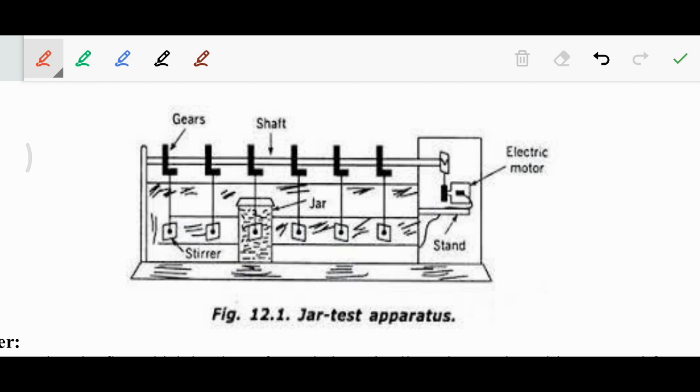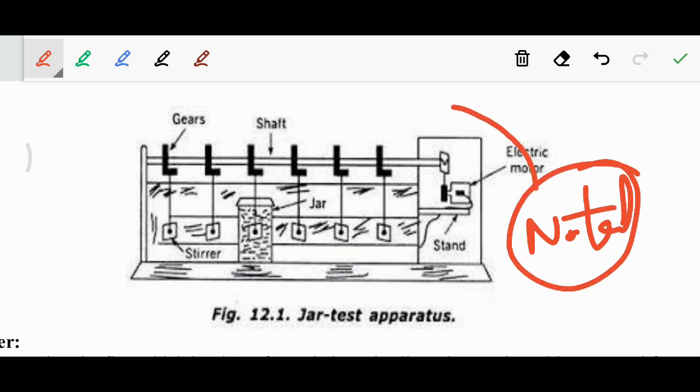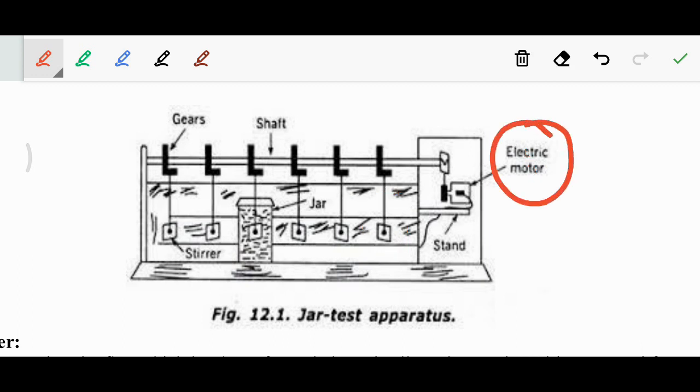Now the quantity of coagulant added in each jar is noted down. Then, with the help of this electrical motor, all the paddles are rotated at the same speed. So what is the speed, sir?